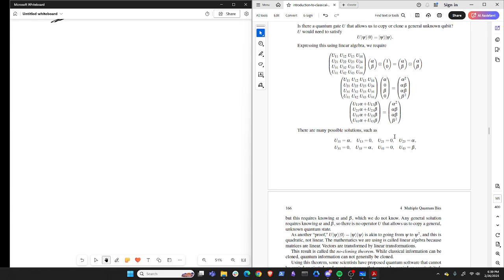And so basically, in order to solve for what this gate should be, we need to know the initial.